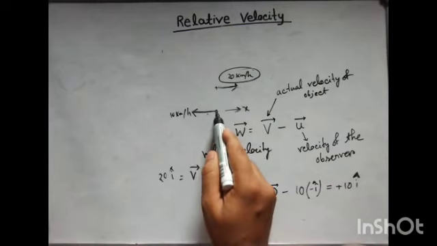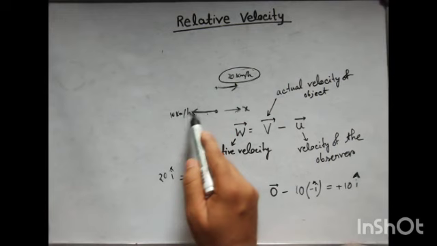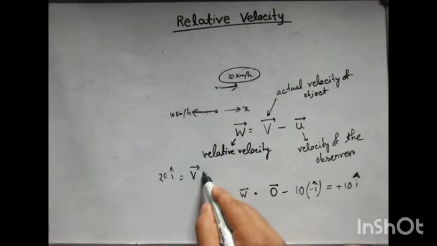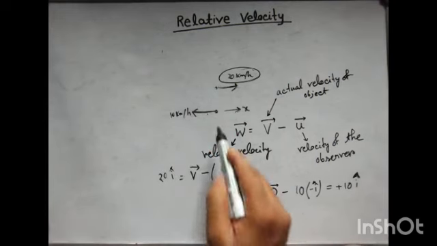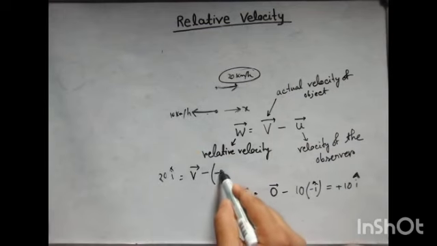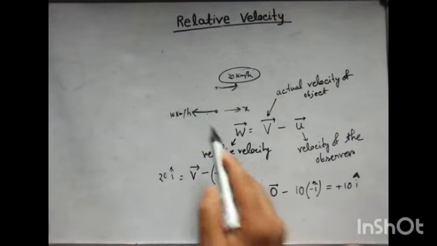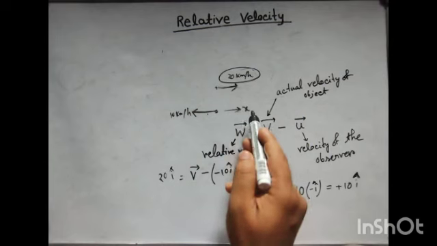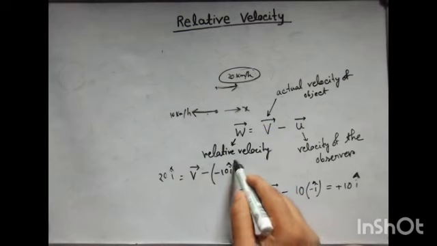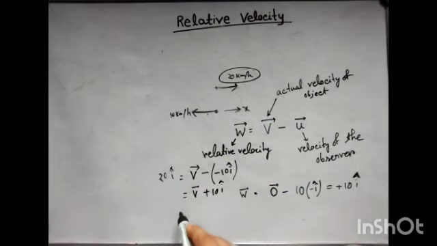And we know the velocity of the observer, that is first minus, and this velocity is minus 10 i cap, because this is along minus i cap, so that 20 i cap.